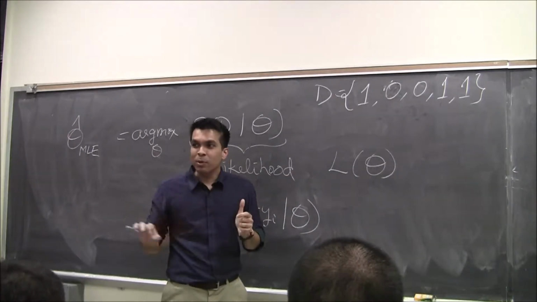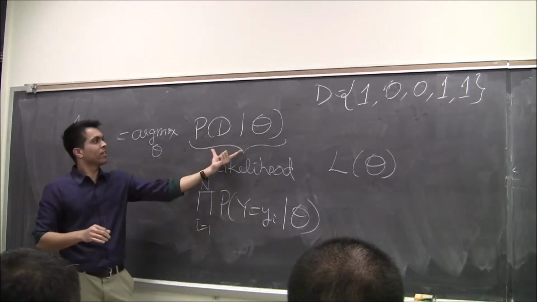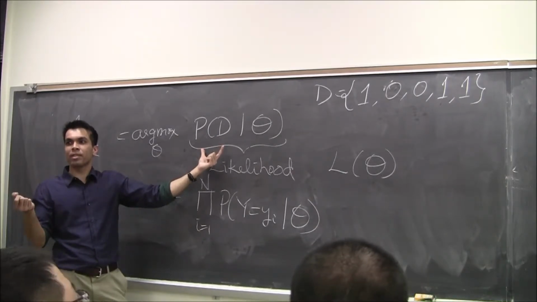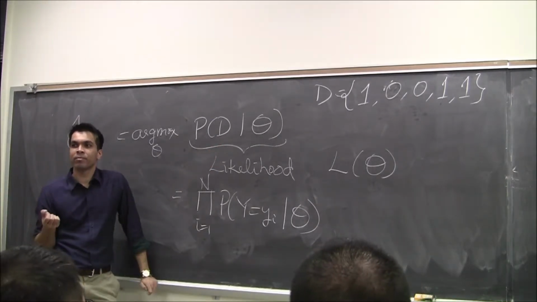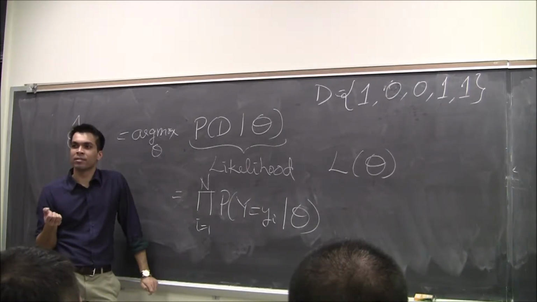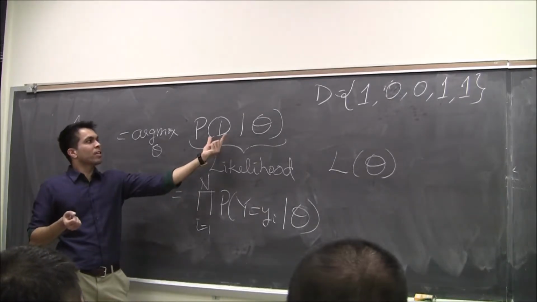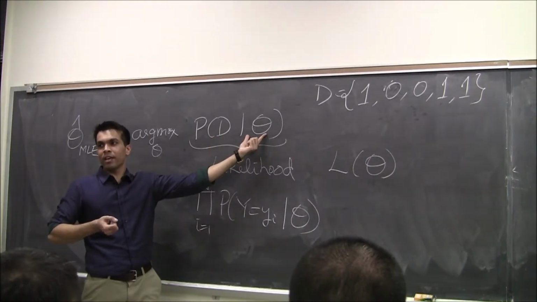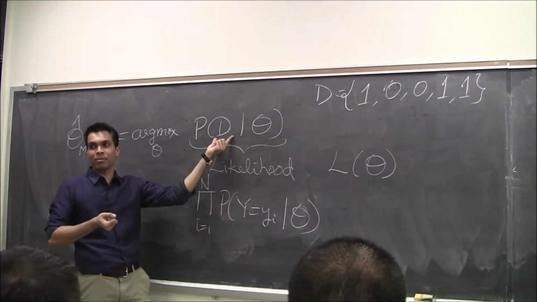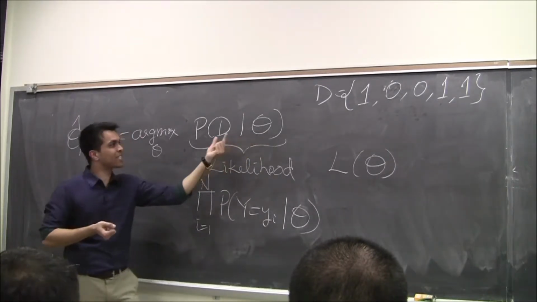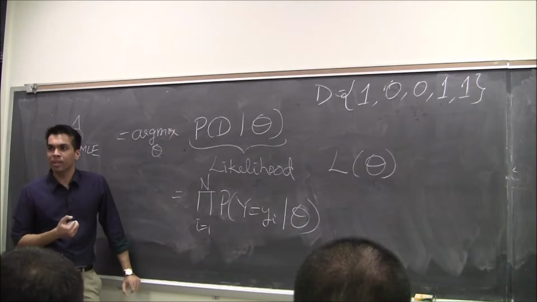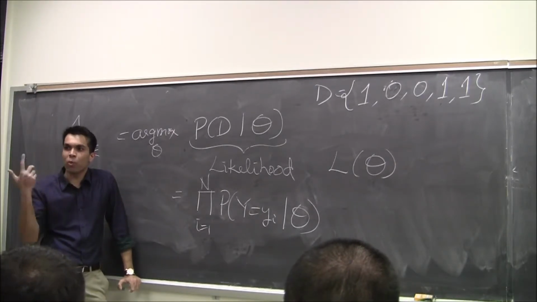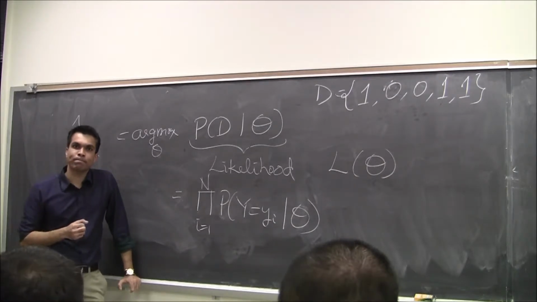So you try every single possible parameter and you check, does this make the data set that you just collected likely? Right? Does this explain your data? Does that make sense? So this, for example, can be symptoms that a patient comes with, and this can be the possible diseases. Right? I try different diseases. Does that explain the symptoms? And I should go with the disease that explains the symptoms the most. Does that make sense? In this case, the model is just a coin toss, right? So there's only one parameter and it can go between 0 and 1.